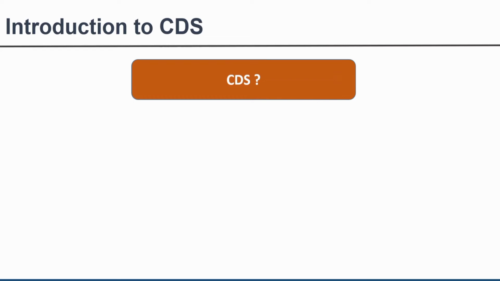What exactly is CDS? As defined by SAP, CDS is the infrastructure for defining and consuming semantically rich data models. It's a set of domain-specific languages and services to define and use the semantically rich data models.